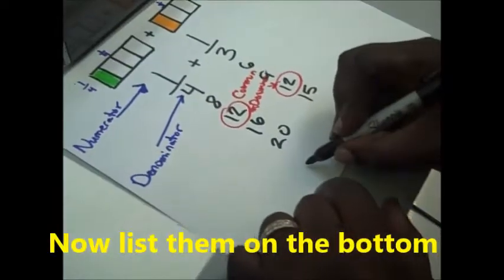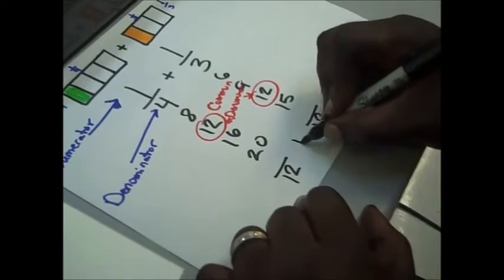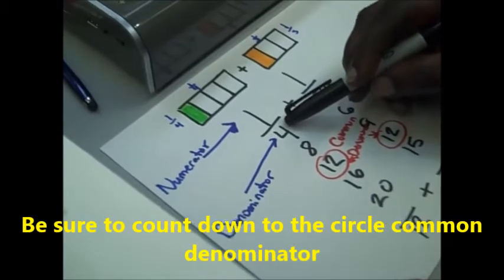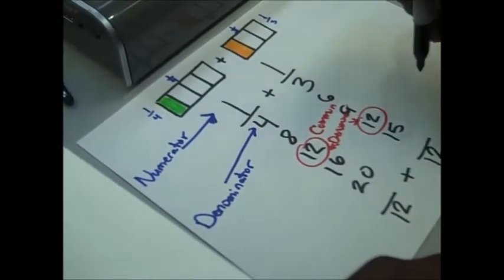So we'll list them at the bottom, 12 and 12. Now we need our new numerator. So we start at the very first denominator and count down: 1, 2, 3.